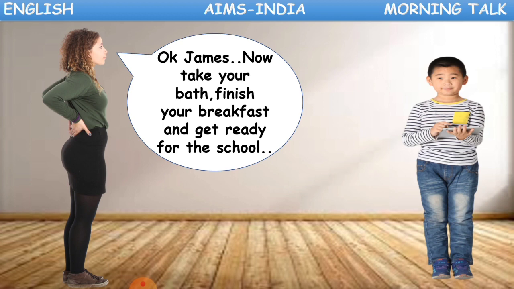Because in the morning he woke up, brushed his teeth, drank the milk, went for a ride, came back and had a talk with his dad, and now it's almost time to get ready for school. So that is why mother is asking James to take his bath, finish the breakfast and get ready for the school.